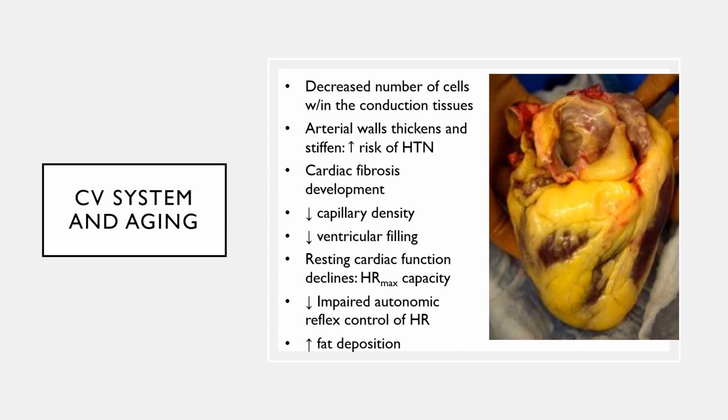Disease-independent changes in the aging heart associated with a reduction in function include a reduction in the number of myocytes and cells within the conduction tissue, the development of cardiac fibrosis, a reduction in calcium transport across membranes, lower capillary density, and impaired autonomic reflex control of heart rate.